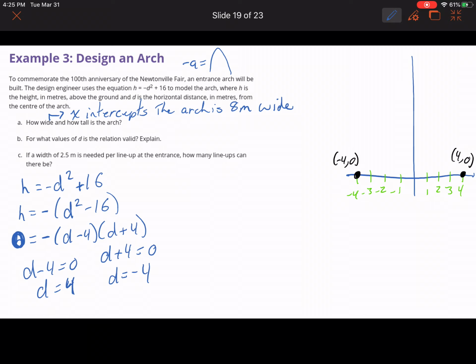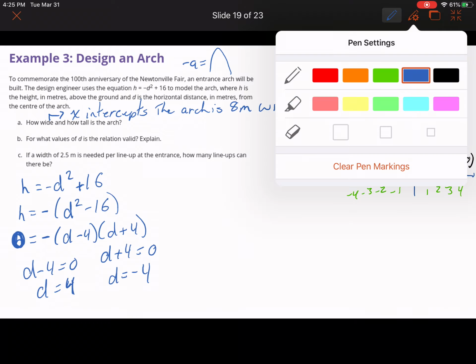So now we need to figure out how tall it is. And the question already gives it to us. So how tall, which means right now we know we're centered on the y-axis because we are equal distances backwards and forwards.